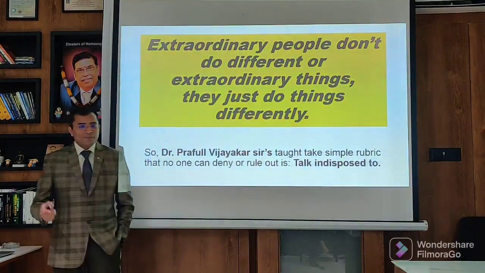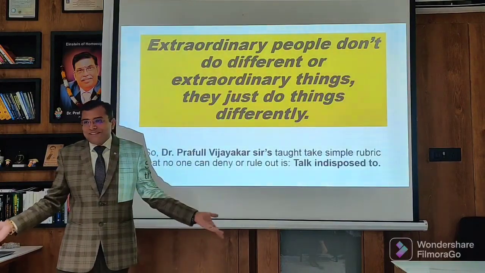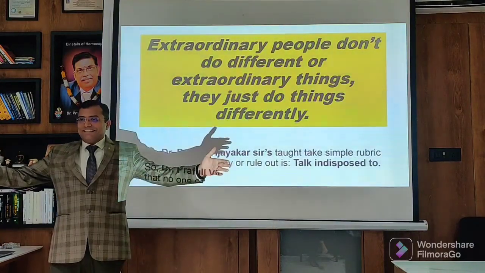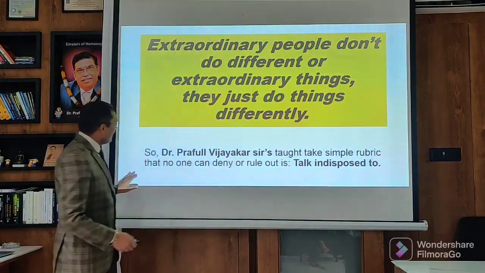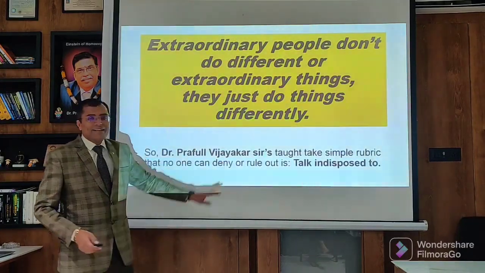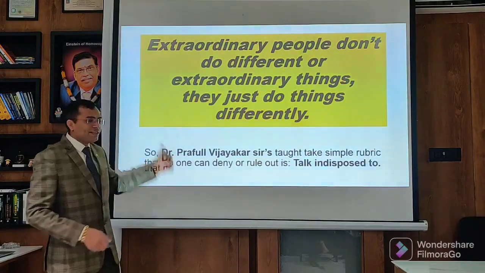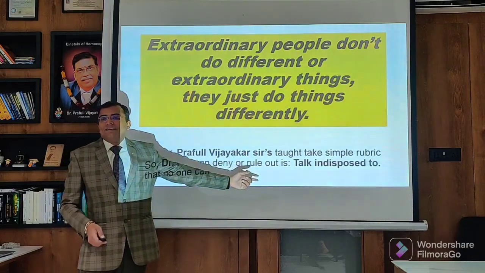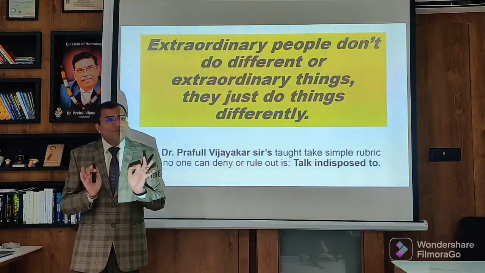So what Dr. Prabhu Vijayakar told us is don't take anything out of it. You take just the general things, that very simple rubric that no one can deny or rule out. The first case was talk indisposed. I don't want to talk. The talk is indisposed.